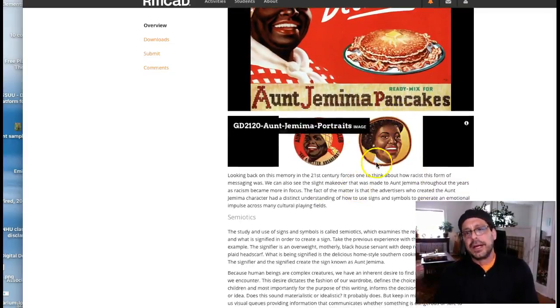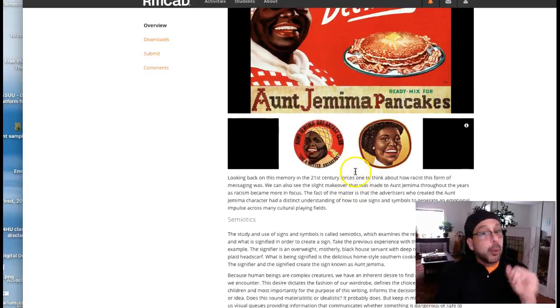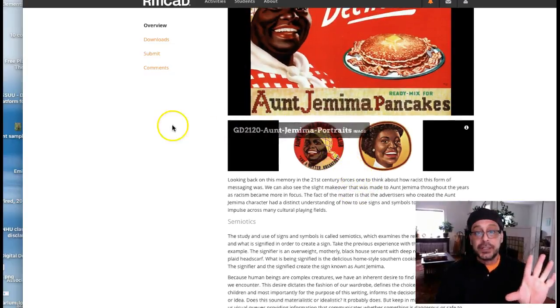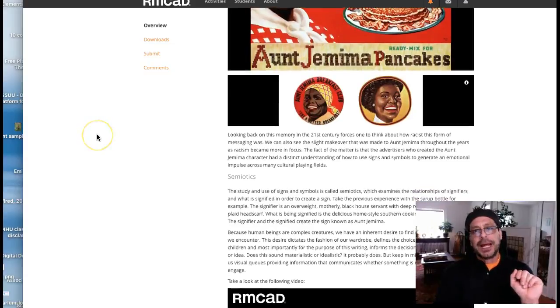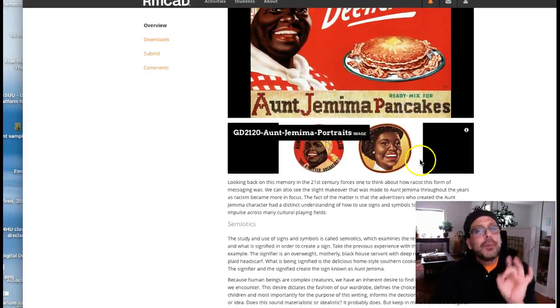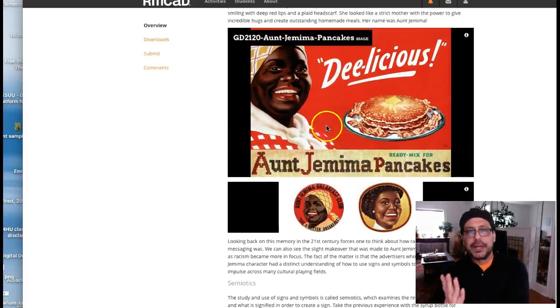What does this look like now? Now this looks like maybe your buddy's aunt. It's still an elderly black woman, and now maybe not quite so overtly racially dressed, but nonetheless still very racist. This would be derogatory if this were a white woman's picture on here in a contemporary 1950s fashion. That wouldn't work.